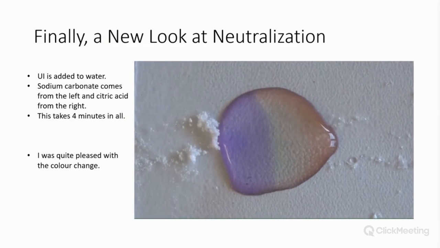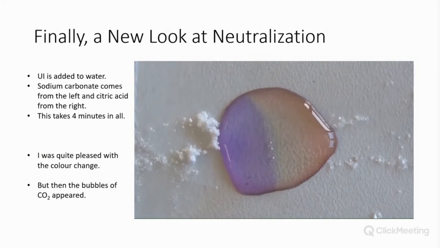So we have quickened it up a little bit. And I was quite pleased with what I was seeing, the lovely rainbow effect across there. But then, all of a sudden, I started to see bubbles of carbon dioxide appearing. Oh, so there we are. A different look at neutralization.